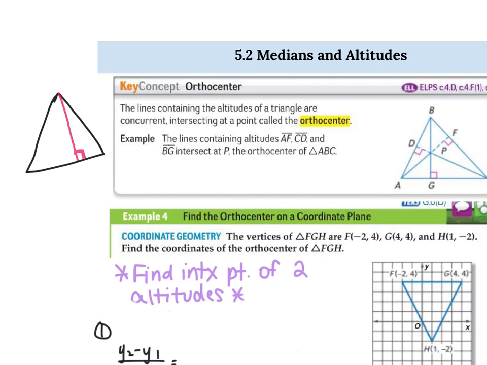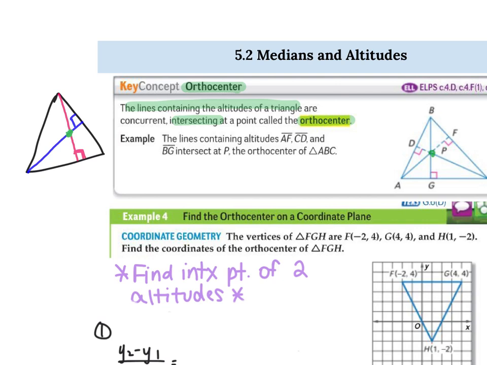So again, there are 3 sides, so 3 altitudes. There you go. So the point where they all intersect is known as our orthocenter. New vocab word. So the orthocenter is where all of your altitudes intersect.